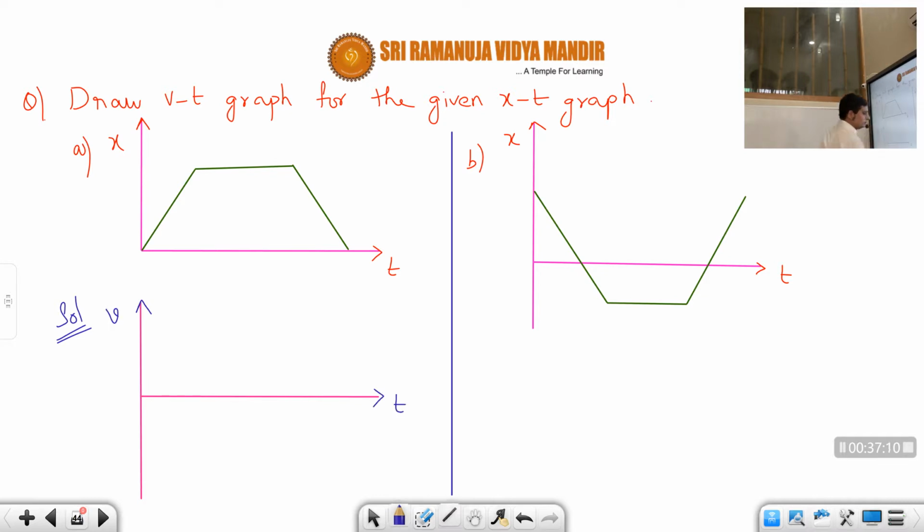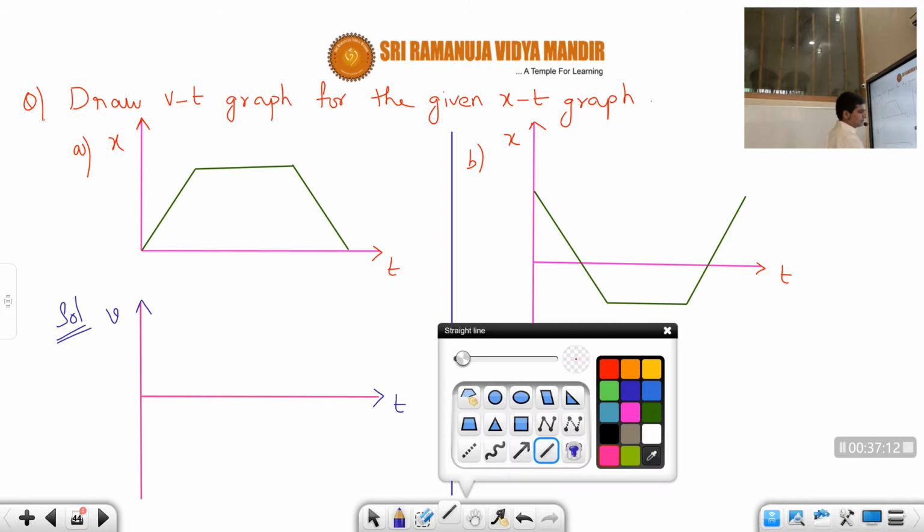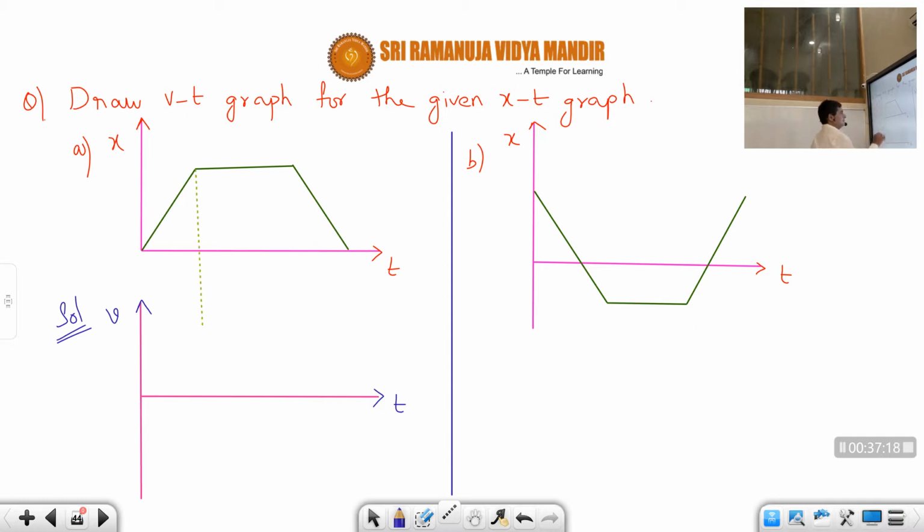Now what you have to do is divide the region into three parts. Let us see, this is one part and this is another part, and then of course this is the third part. Like this, we divide it into three parts.